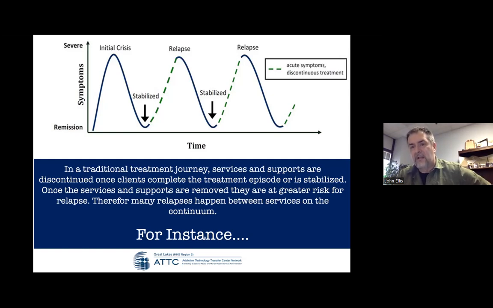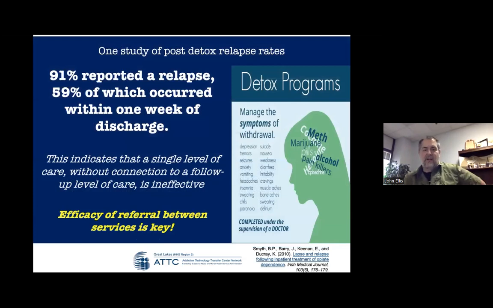Part of that is we have a catch and release model that doesn't keep people engaged.